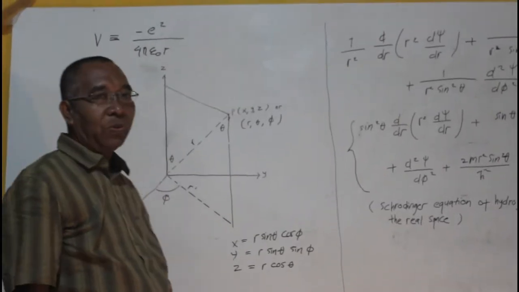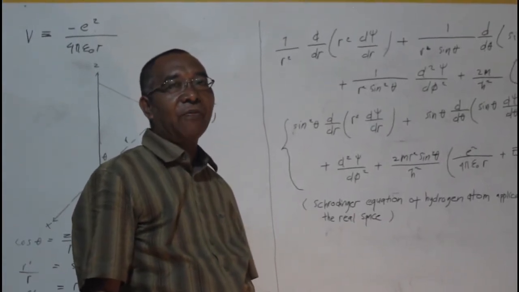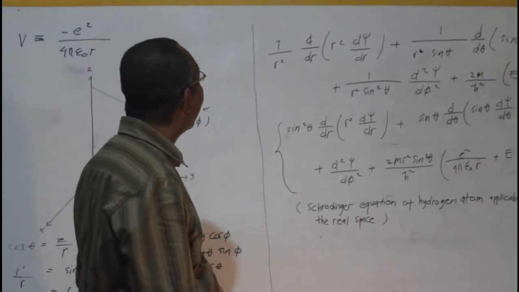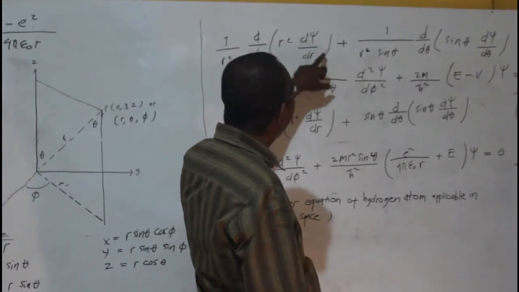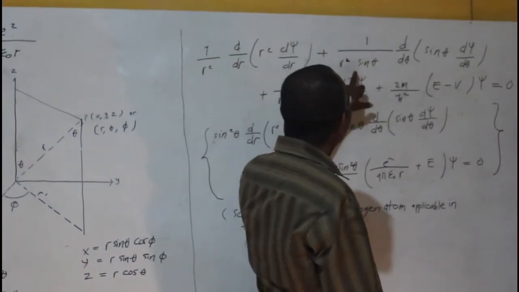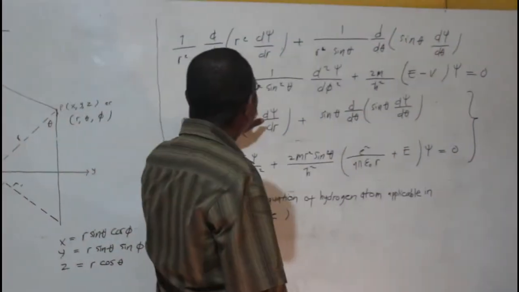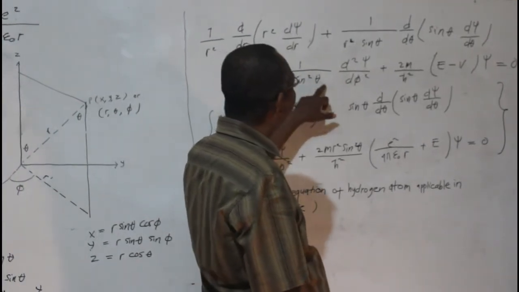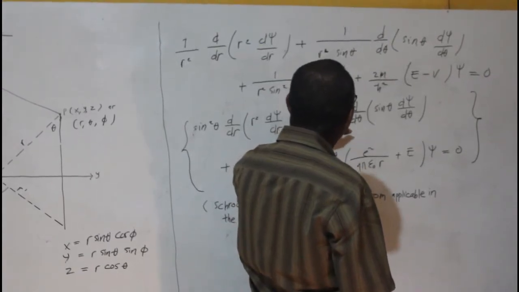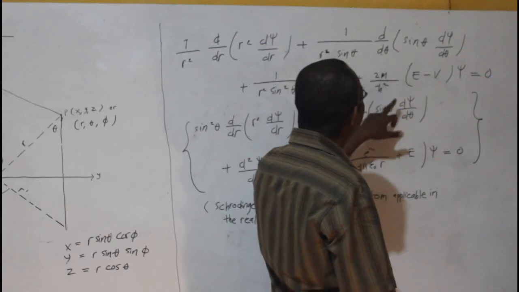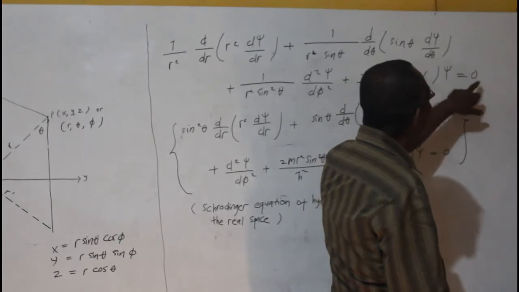Okay? To abbreviate this lecture, we will write directly the Schrödinger equation in the form of the spherical coordinate system as follows. 1 over r squared d over dr of r squared d psi over dr, plus 1 over r squared sin theta times d over d theta of sin theta d psi over d theta, plus 1 over r squared sin squared theta times d squared psi over d phi squared, plus 2m over h bar squared times E minus phi times psi equals 0.